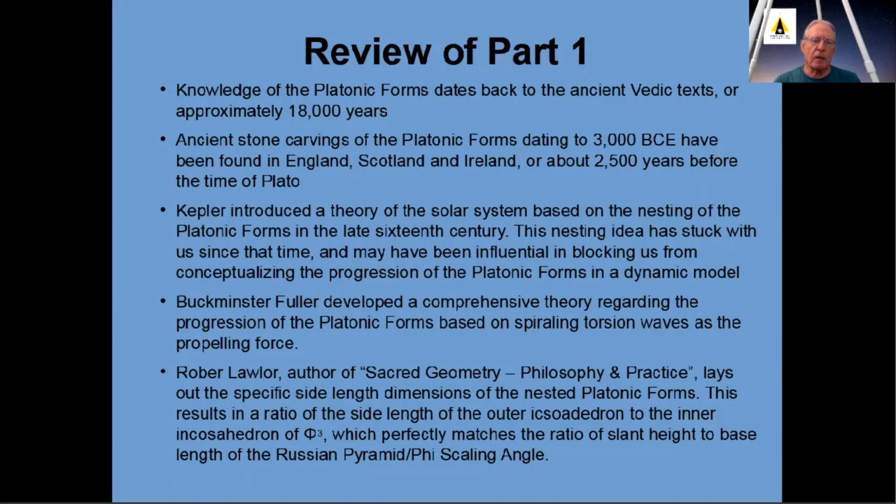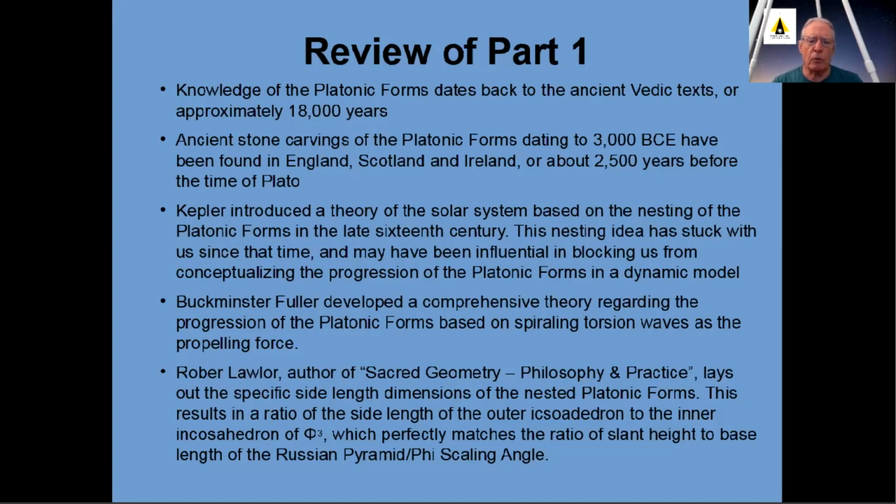And then finally, at the end of part one, I mentioned that Robert Lawlor, who's the author of Sacred Geometry, Philosophy, and Practice, had in his book laid out some specific side length dimensions of the nested Platonic forms.